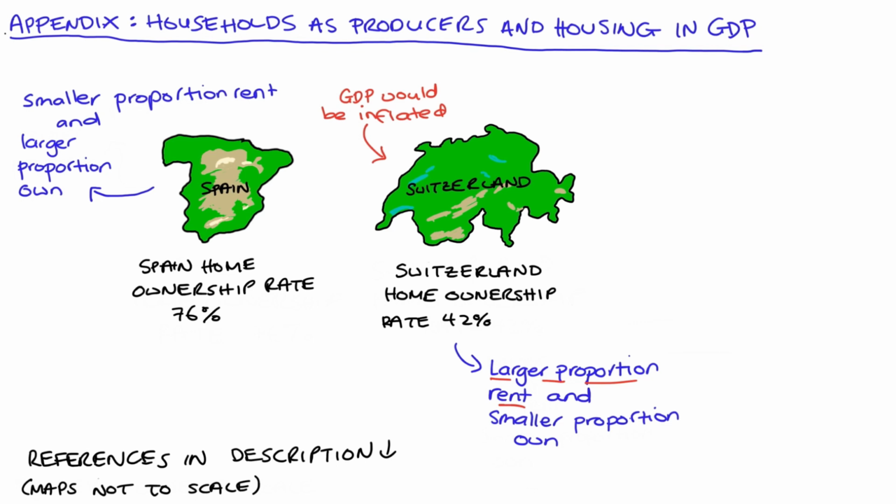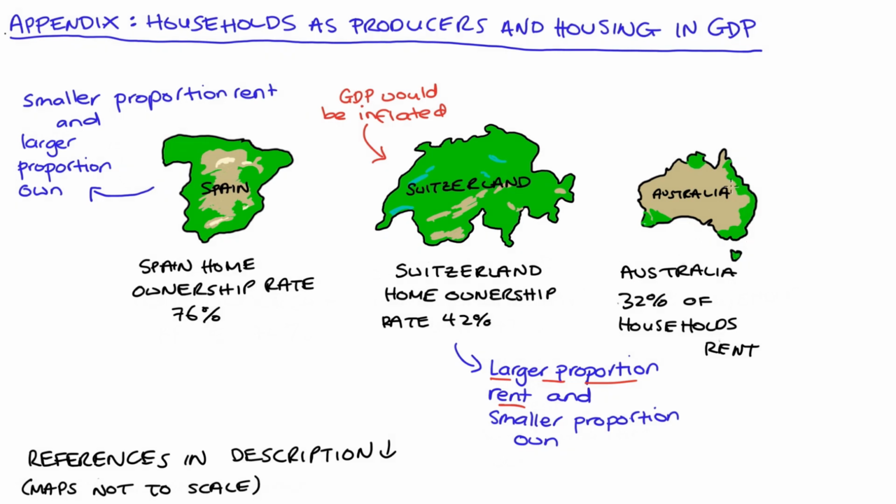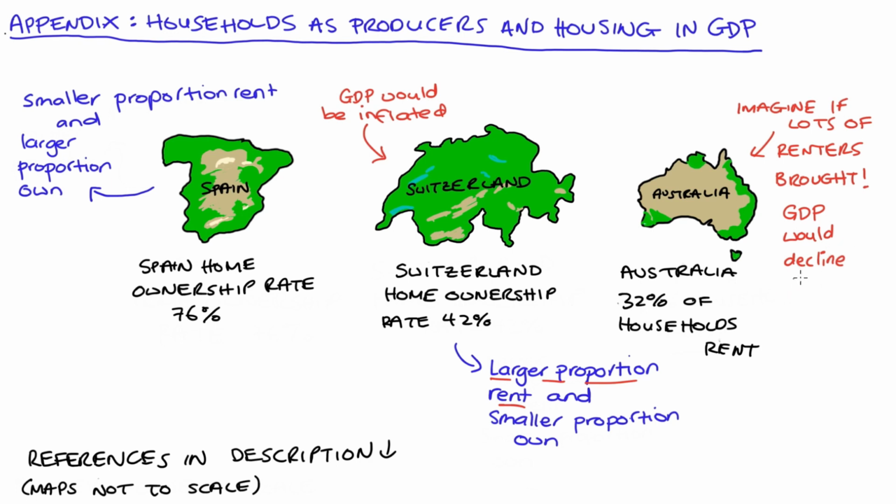As another example of where this matters, imagine in Australia, for instance, where about 32% of households rent. Imagine if a large proportion of those renters just bought the house that they were already residing in. Well, rent goes into consumption, right? So if they did this, and if we didn't treat all housing as a service, they would drop off the expenditure map, so to speak, because they wouldn't be paying rent anymore, and GDP would massively decrease just overnight.